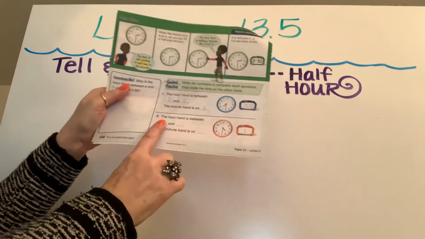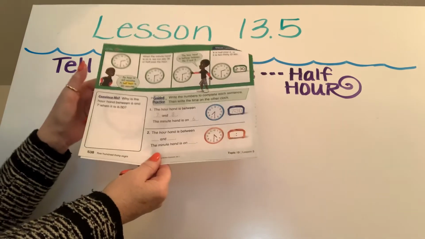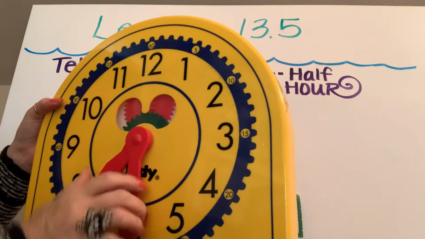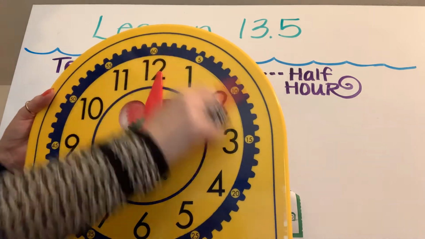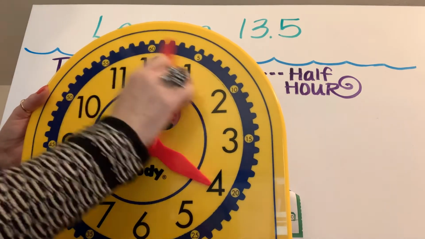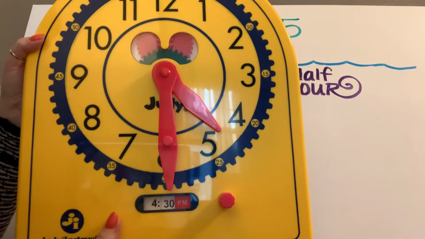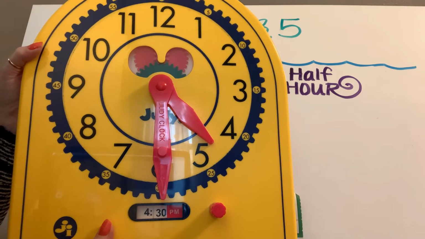The next one. The hour hand is between what 2 numbers? Jersey, what 2 numbers? You know what, sorry, this clock makes so much noise. All right, I'm going to make it look just like the picture. Okay, Jersey, what 2 numbers is the small hand, the little hand?